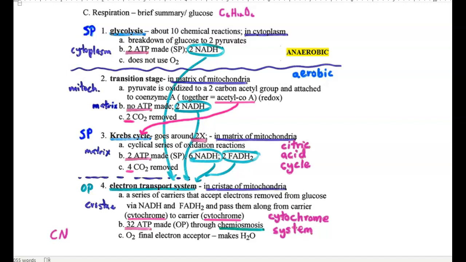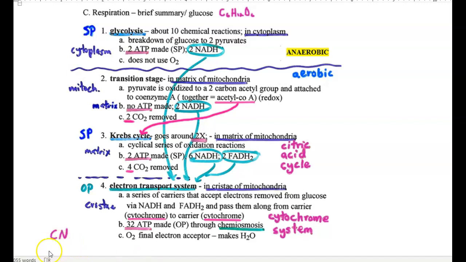They're going to make 32 ATPs through oxidative phosphorylation, chemiosmosis, using the electrons and the hydrogens that were dropped off by the electron carriers. Oxygen is the final electron acceptor. Oxygen is going to get reduced, and it's going to make water.